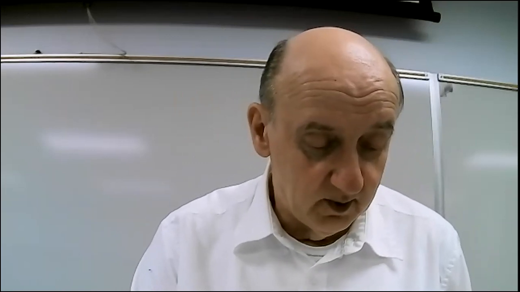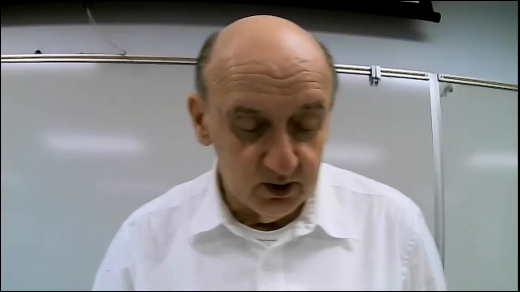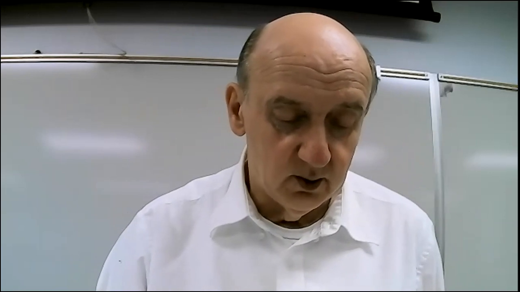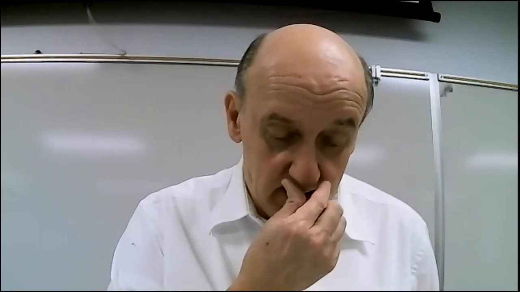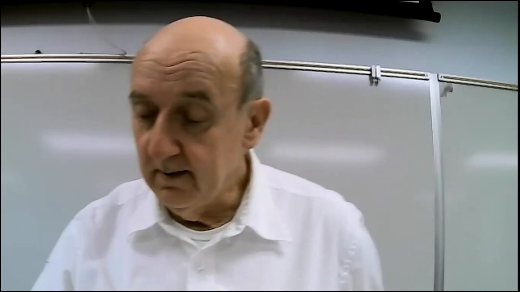Question number 4, or point number 4 in the lab report. Name the sensory receptor stimulated in the experiment to study adaptation. Let me go back, let's see, we can go back here.